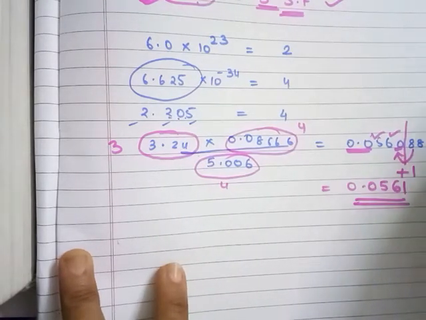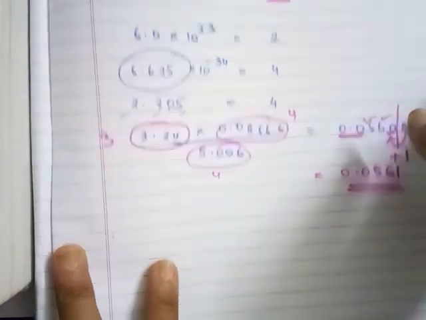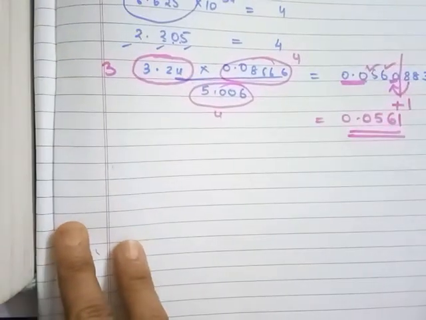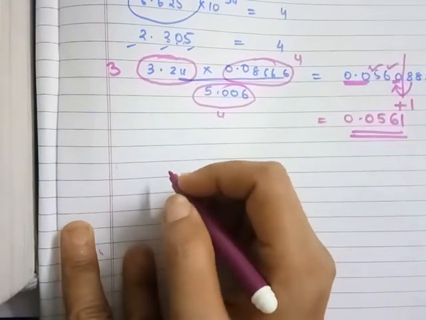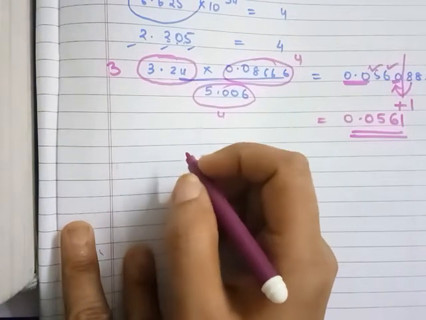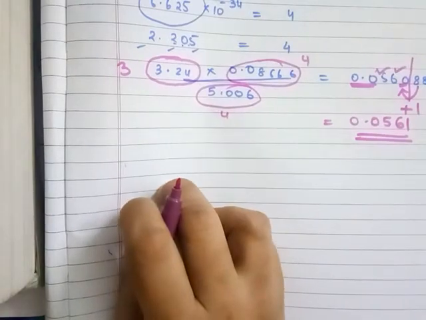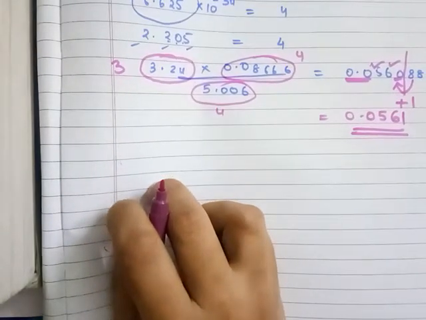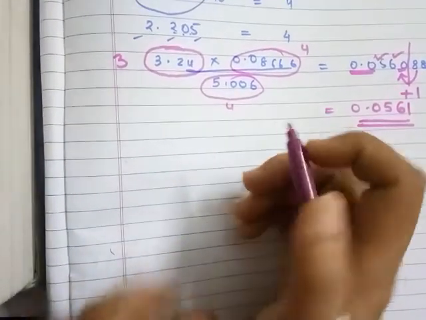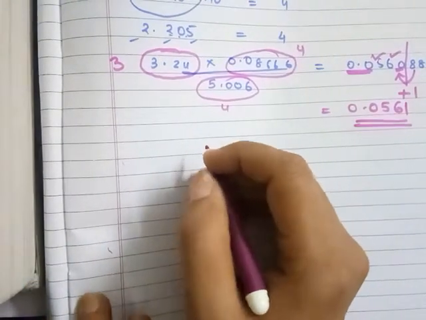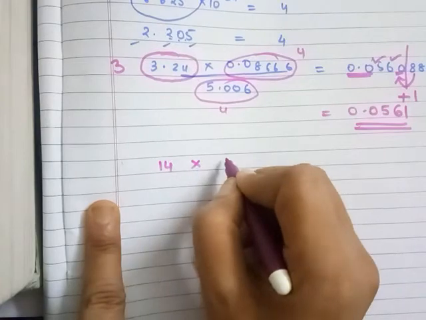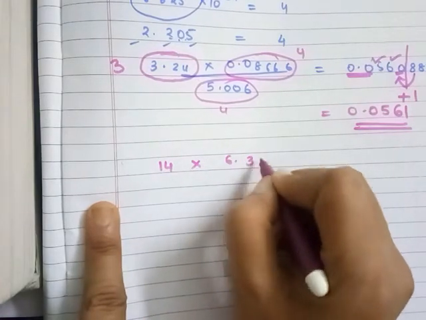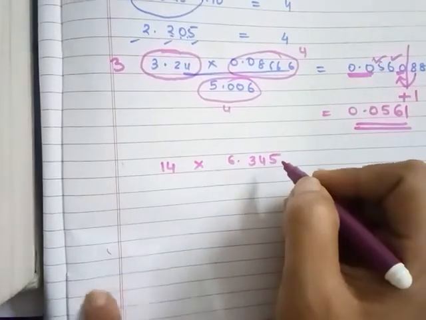Okay? So these are a few examples that we need to understand when we do addition and subtraction. Now if you have another number, for example an exact number 14 and you are multiplying it by 6.345.